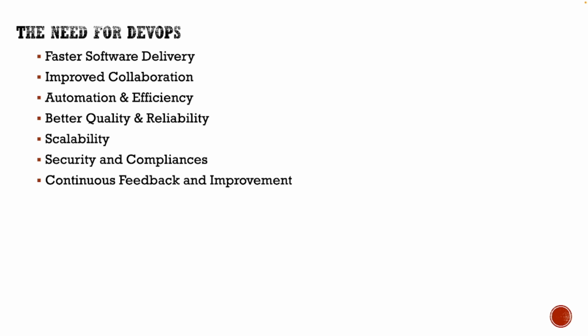The problem in the traditional SDLC lifecycle is that the developer writes the code on their local machine and it works at that time, but when they move this code to any of the servers, whether the testing server, some SIT server, or a production server, it may crash because the environment is different, the dependencies are different, maybe the OS or other environment differences. There might be various reasons, right?